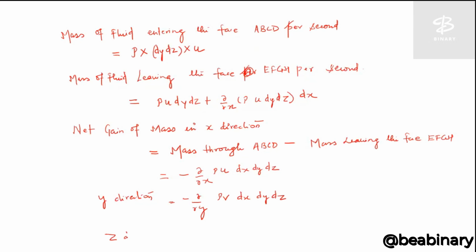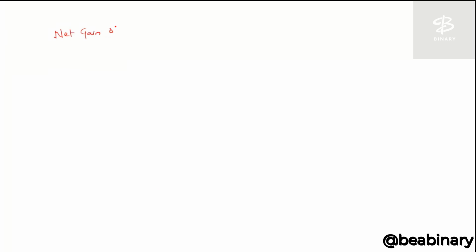In the z direction: minus del by del z of rho w, dx dy dz. So for the total gain in mass, we add the net gain in mass in the x direction, in the y direction, and in the z direction.